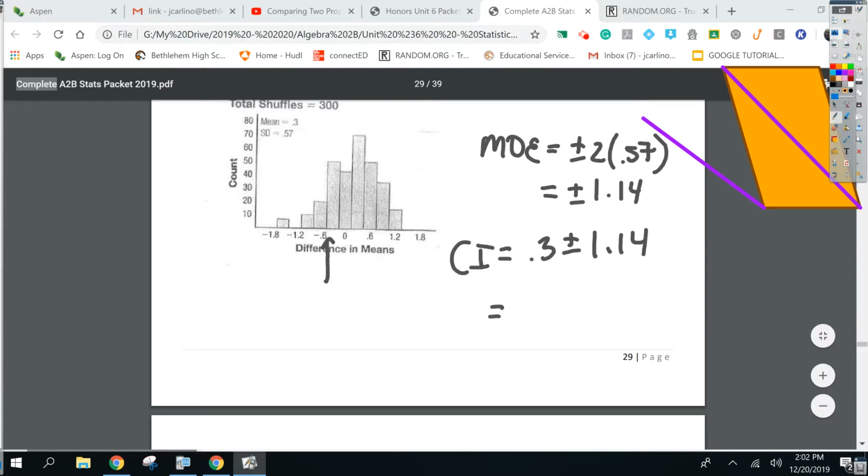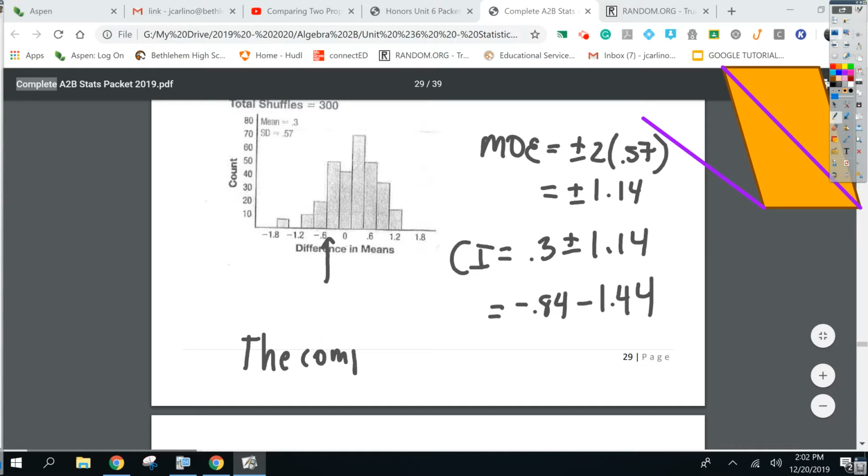Negative 0.84 and 1.44. Where's our observed difference? Outside, right? So what do we say? Did it happen by random chance? No. So what do we say about the herbal compound? It works.